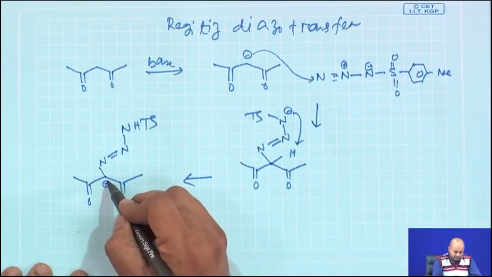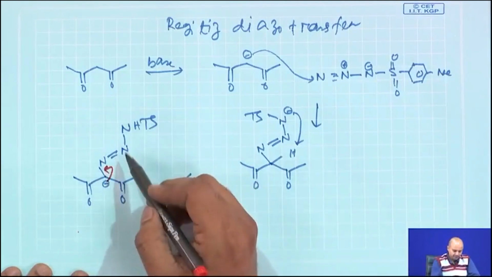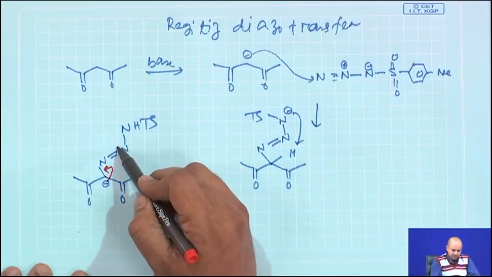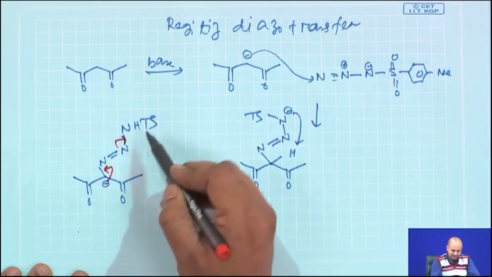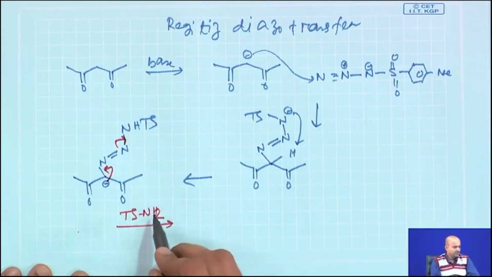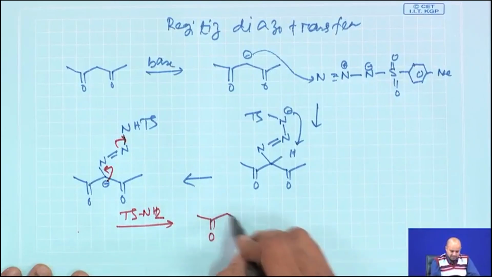Now, this minus comes down here, it basically triggers to release this tosyl amine as a byproduct.